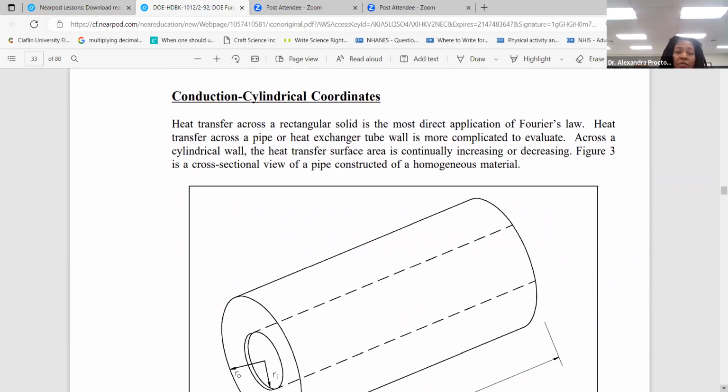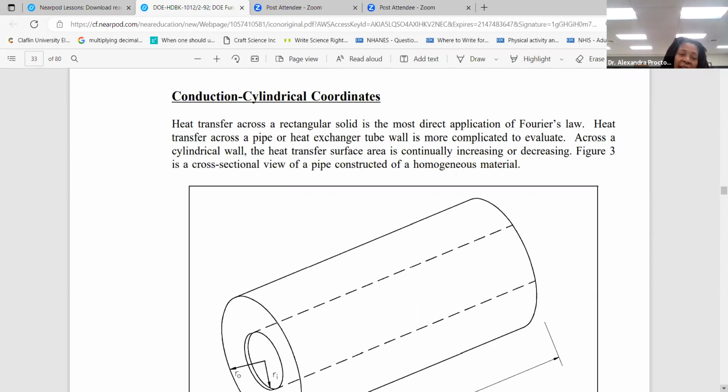Conduction for cylindrical coordinates. This is heat transfer across a rectangular solid, and it's the most direct application of Fourier's law. Heat transfer across a pipe or heat exchanger tube wall is more complicated to evaluate. So across a cylindrical wall, the heat transfer surface area is continually increasing or decreasing.